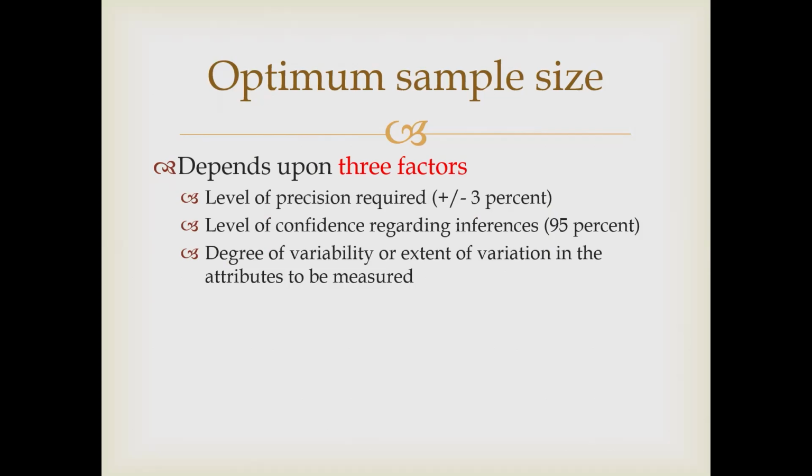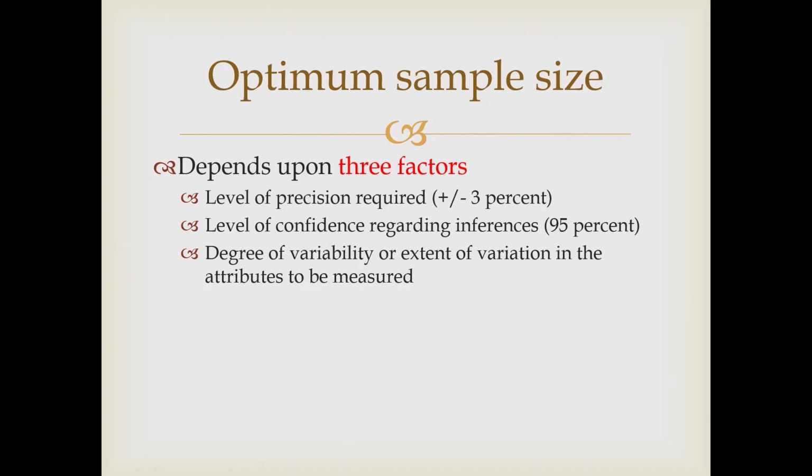Naturally, estimates will not be equal to the real values, which are unknown. So how much precision do you require, or how much mistake can you afford? 1%, 2%, 3%, 4%, 5%, usually up to 5%. Plus or minus 3, plus or minus 4, plus or minus 5.